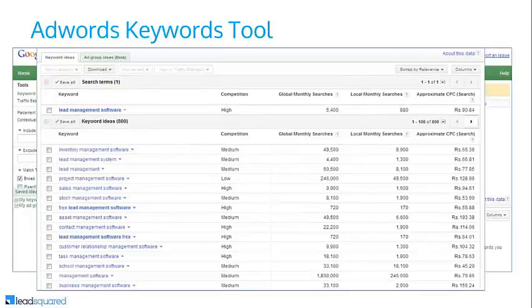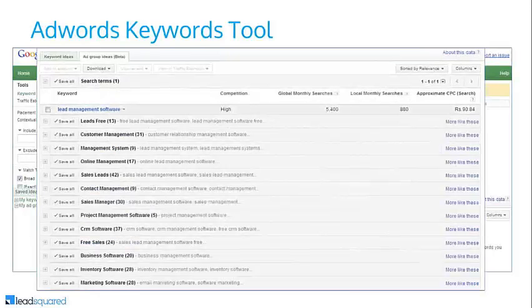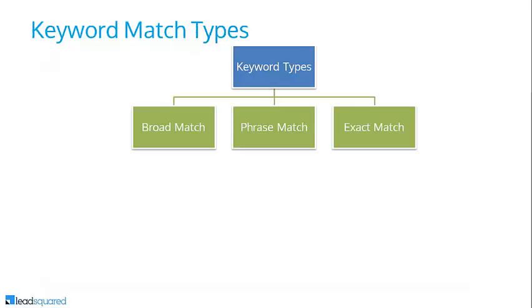Then you can also look at the approximate CPC of each keyword. You get keyword ideas, plus you get ad group ideas. If you want to make ad groups for Google AdWords, you also get related keyword ideas for a particular ad group, right?